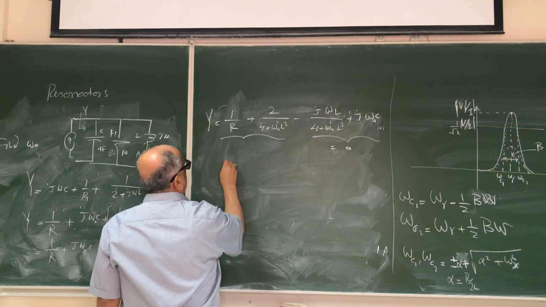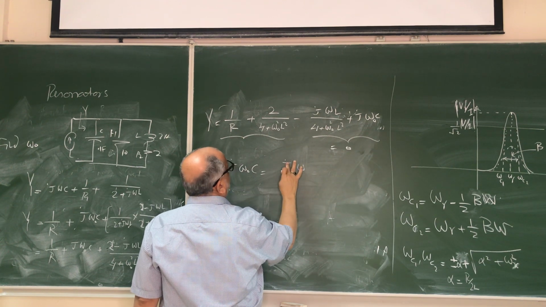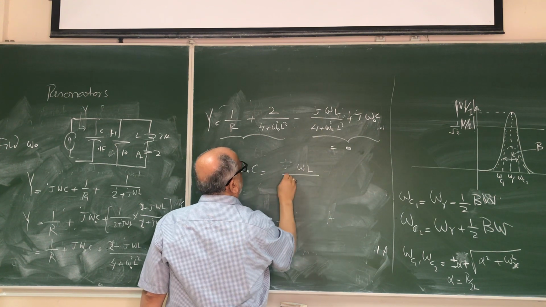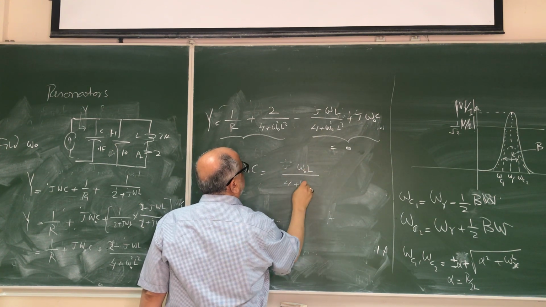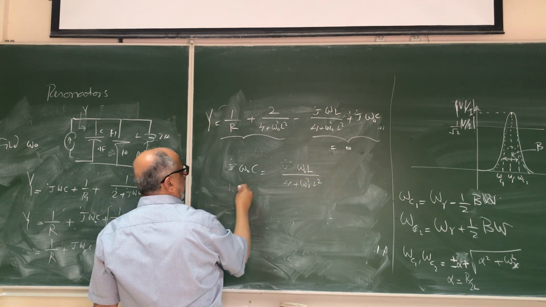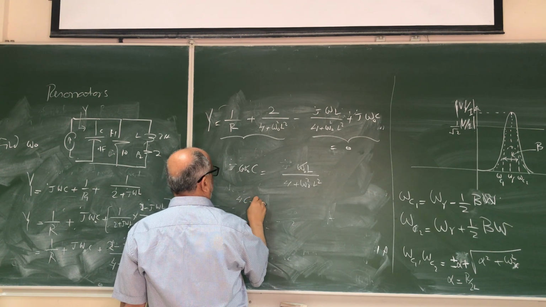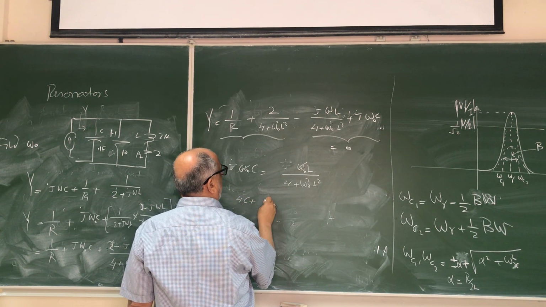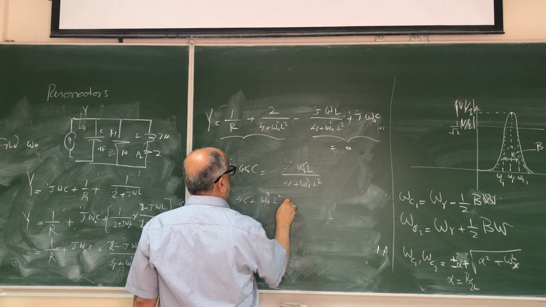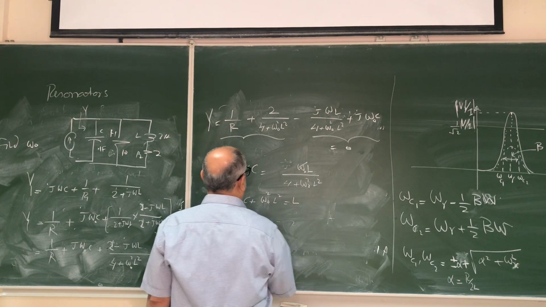So from this we can find the resonance frequency. We can say j omega naught C is equal to j omega L over 4 plus omega naught square L square. The j cancels with the j, we don't care about it. So if we cross multiply, we have 4C plus omega naught square L square C is equal to L, right?